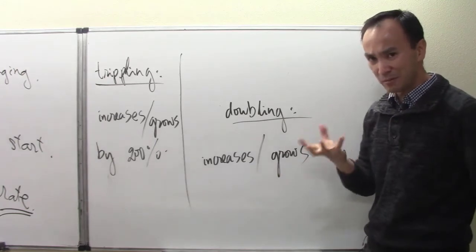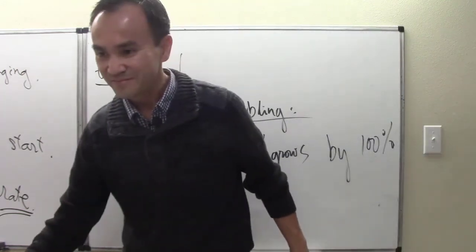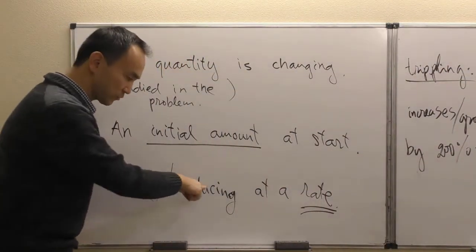In any of the problems, there has to be some clue about the growing or the reducing of the amount.